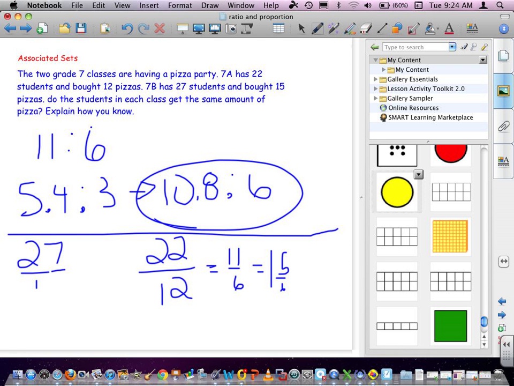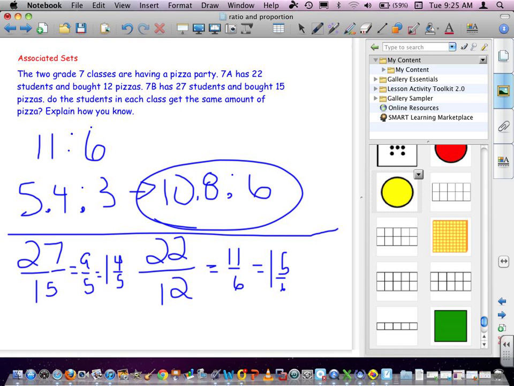Okay, and over here we have 27 divided by 15, which we can reduce down to 9 over 5. So I get 1 and 4/5, which is 0.8.